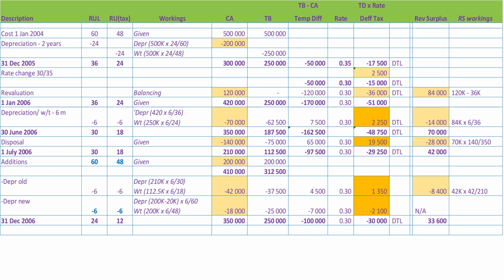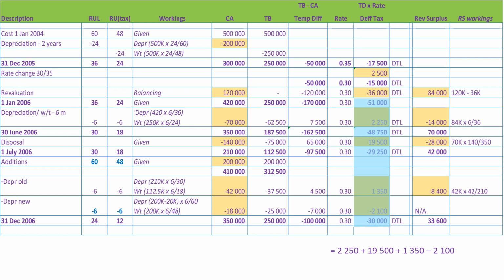The next part is to account for our deferred tax movements during the year ending 31 December 06. To do this, I've summed up the orange cells. The items in dark orange, you need to firstly sum up because it doesn't make sense accounting for each of these entries separately.